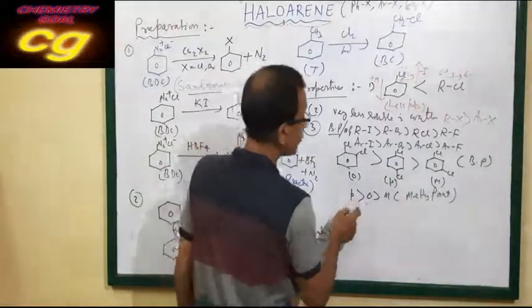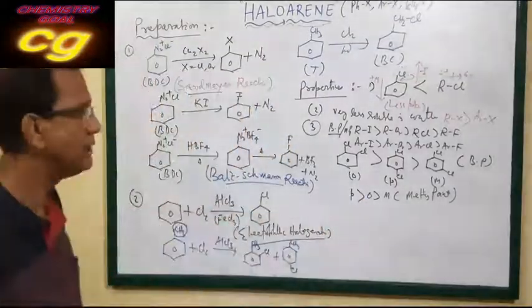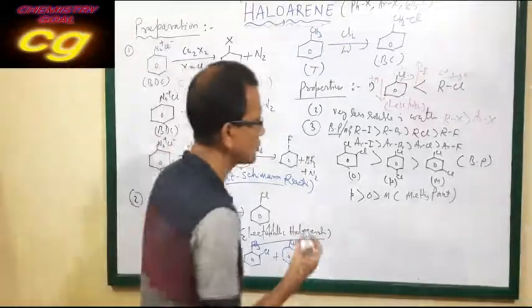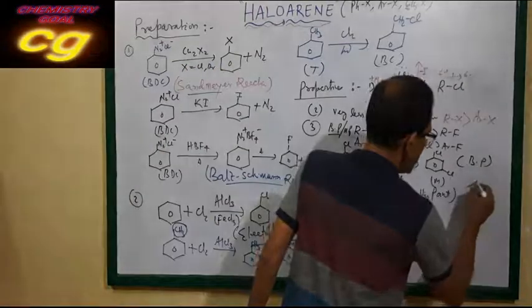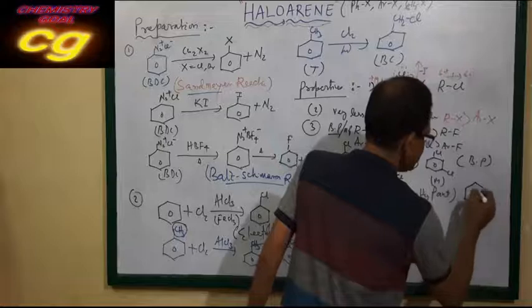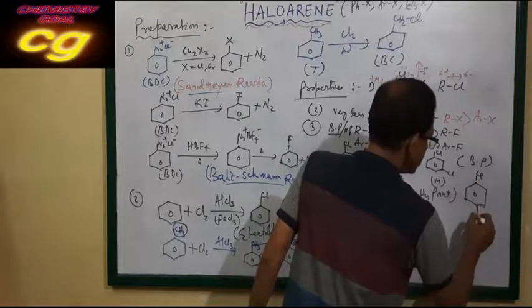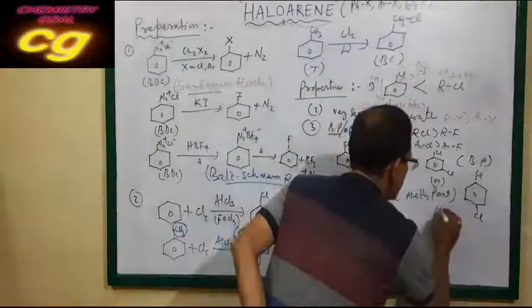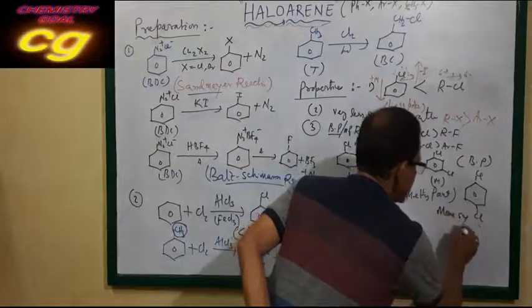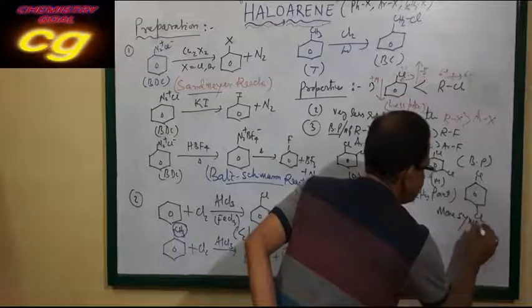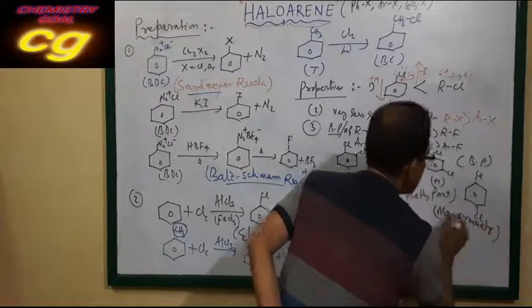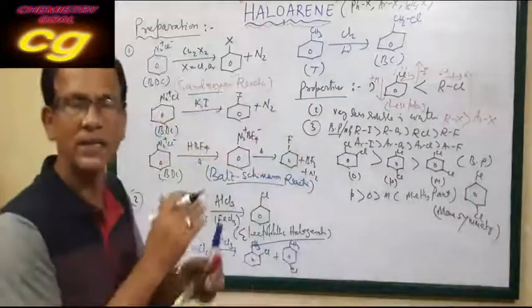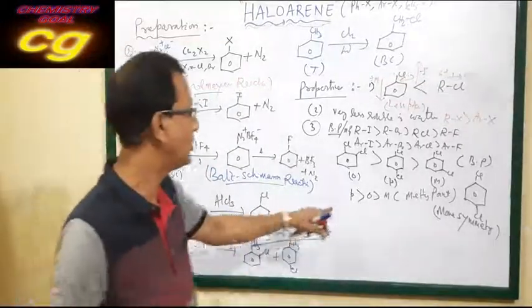Para is greater than ortho. Why does the para isomer have a higher melting point? Because if you see the structure of the para isomer, it has more symmetry. As it has more symmetry, close packing is better, that's why the melting point is more.